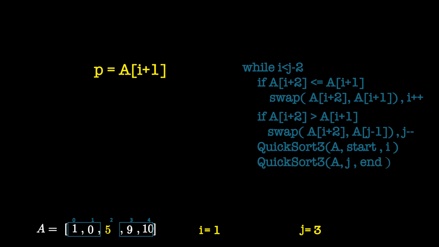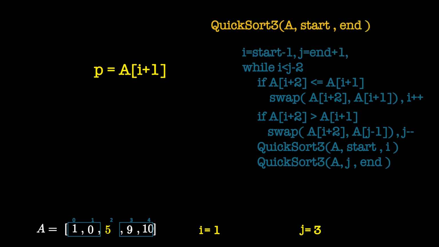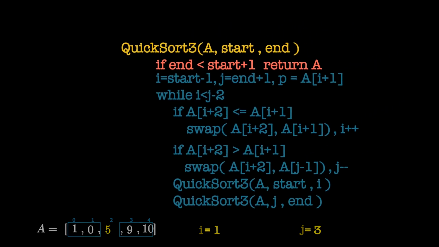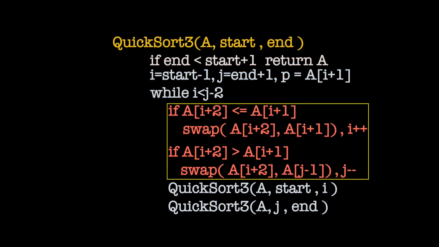However, please note that in this case, there are 2 extra input arguments as well, which specify where my sorting should start and end. So this is going to be our algorithm. Remember, the crux of our algorithm is in these 4 lines, where you compare elements and swap their places to construct S and B and make sure that your P element goes to its correct position.